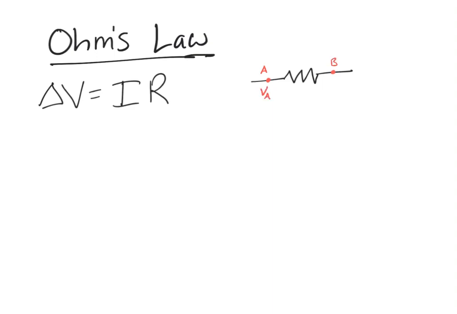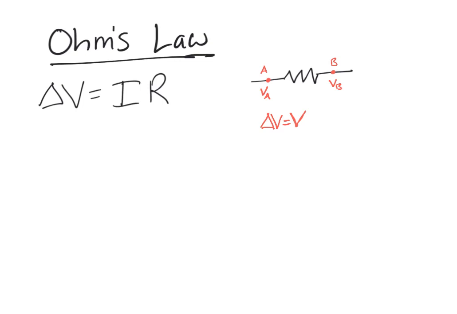So if we label these two points A and B, and their values of electric potential as VA and VB, the change in electric potential, which is also called the voltage, we're usually going to drop the delta sign just because it becomes cumbersome.